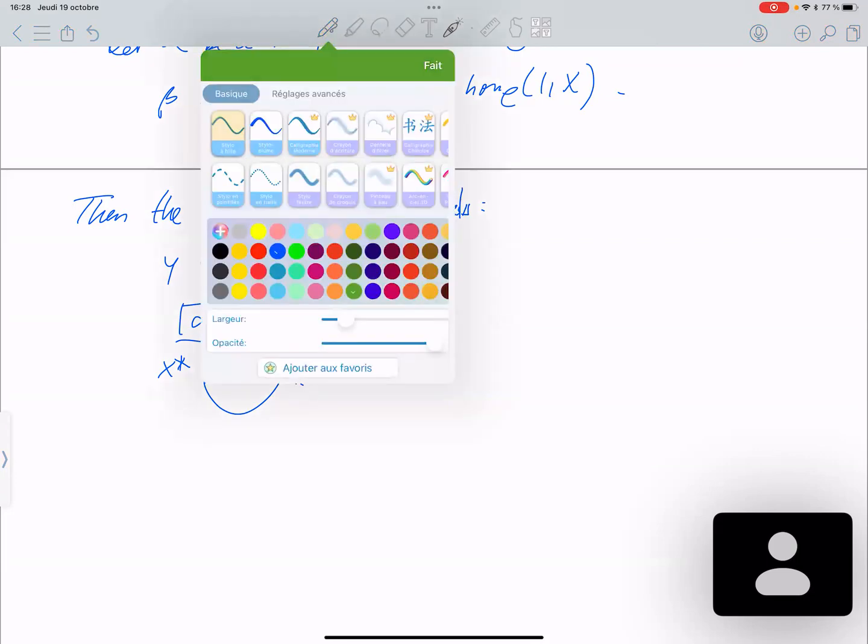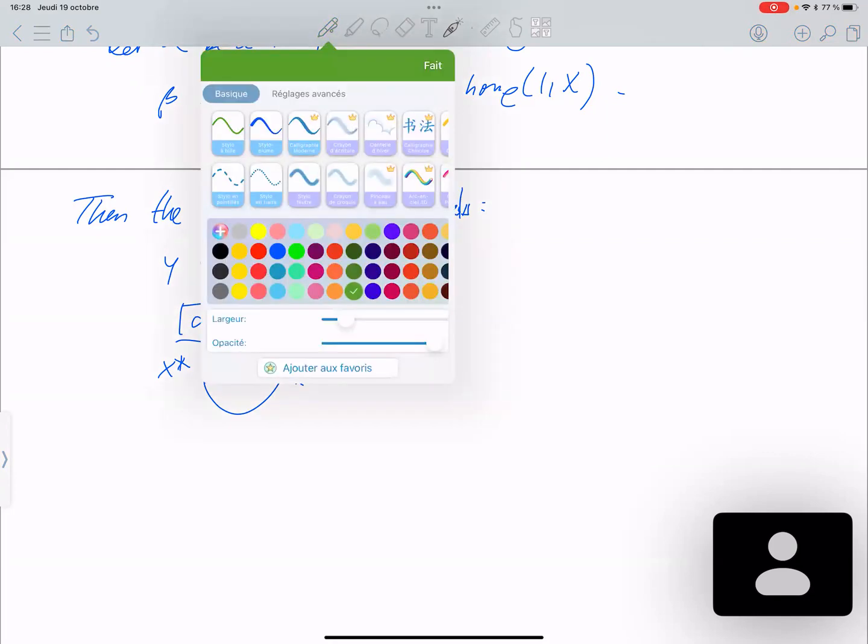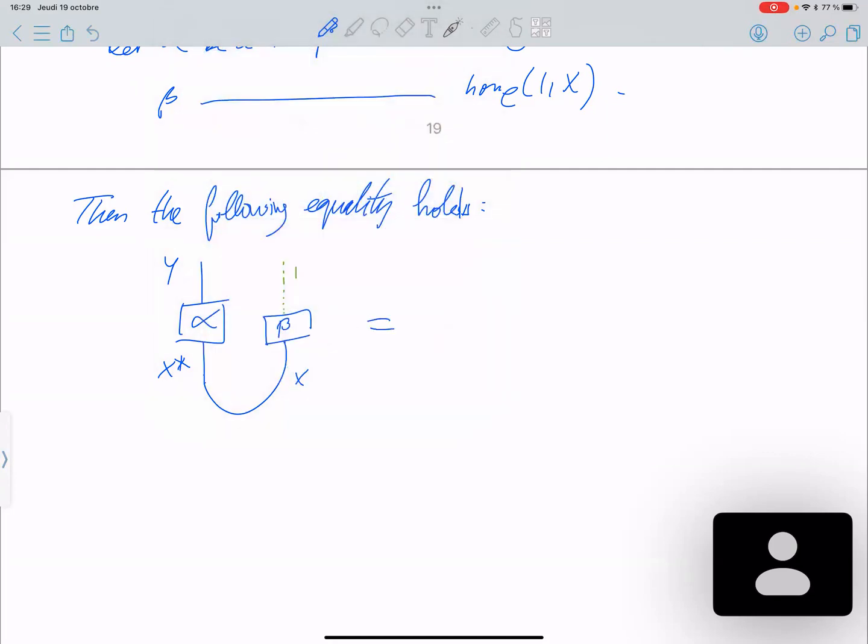There is nothing, which means the unit object 1, equal to. The point is that you can move this one to the other side, beta double star, but this requires considering the double star of beta.